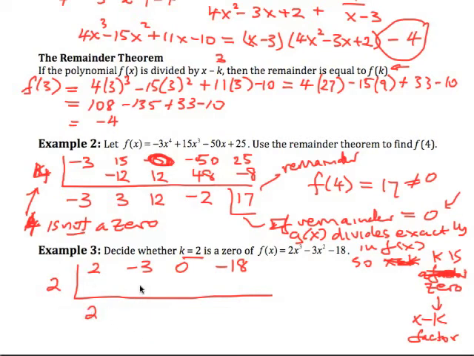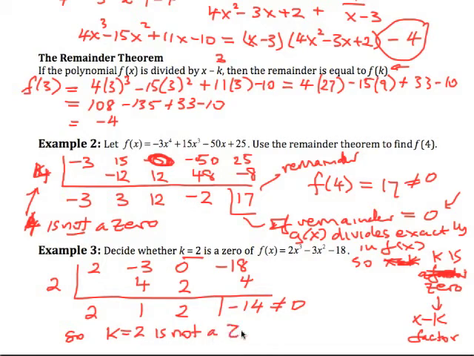Bring the 2 down, 2 2s are 4, add, we get 1, 2 1s are 2, add, I get 2, 2 2s are 4, add, and I get negative 14, which is not equal to 0. So k equals 2 is not a zero. Okay, so that's how we do that kind of question.